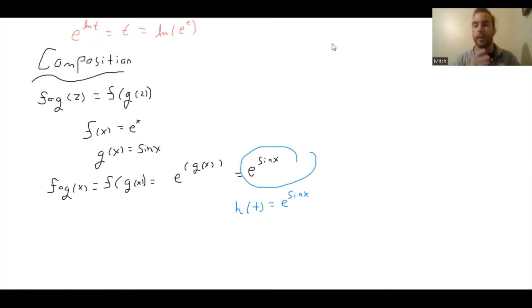If we want to figure out what h of 7 is, well, first thing we would need to do is take the sine, and then after that we input it into the exponential. So that means the sine is our inside function, it's our g, and the exponential is our outside function, that's our f.